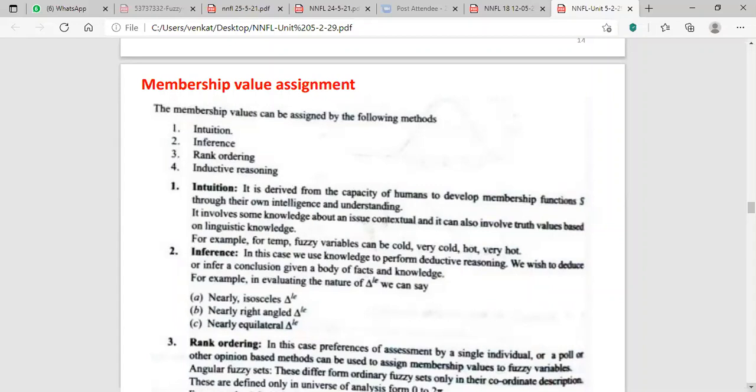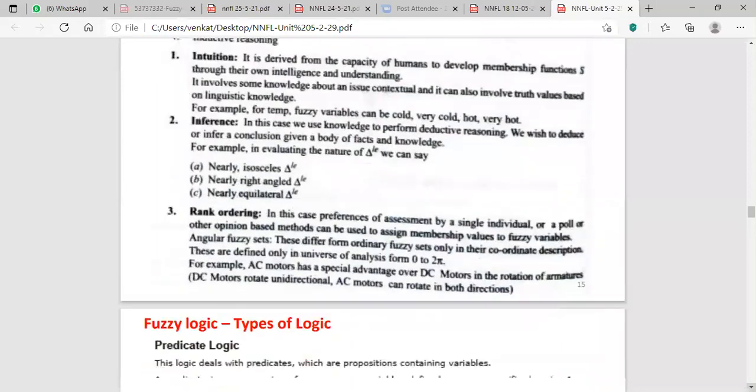Inference: in this case, we use the knowledge to perform deductive reasoning. We are deducing about some facts and knowledge. That is, suppose we are considering type of triangle, which may be isosceles triangle, right angle triangle, and equilateral triangle.